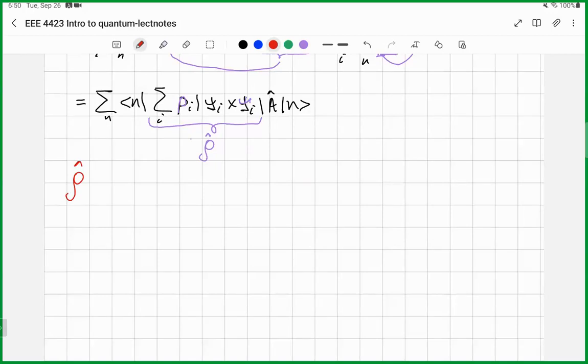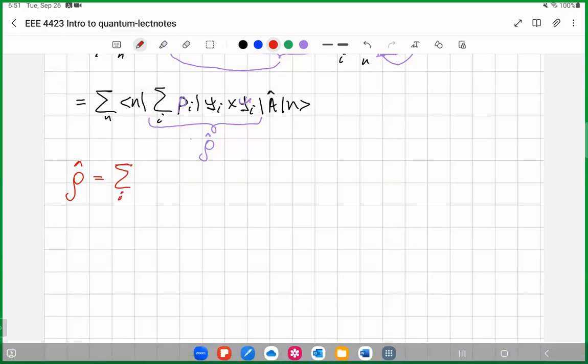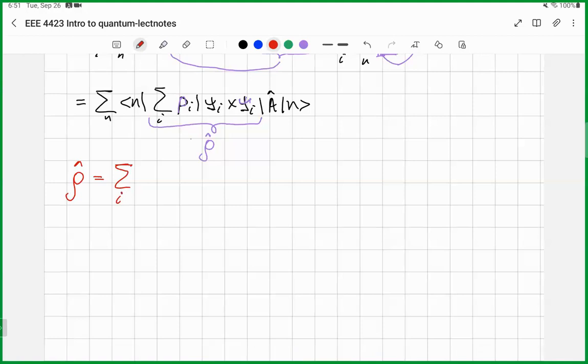So let me write this in color. The operator rho, which is the summation over i, where i runs over the different quantum subsystems. So it's not the quantum state, it is different subsystems, i runs over, in contrast to n, for example. n here is the eigenstates or basis states of the system.